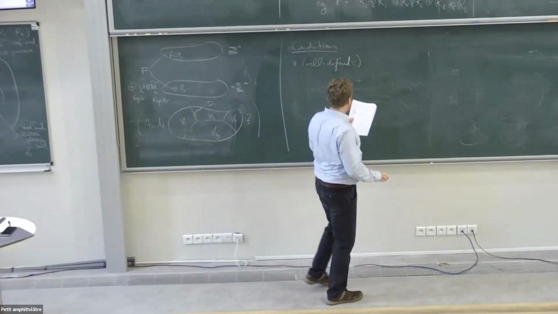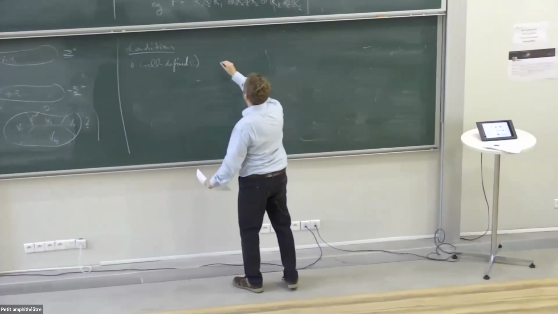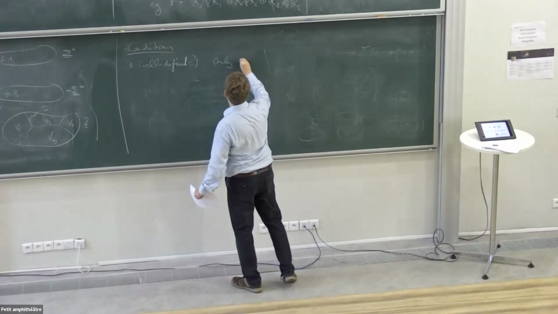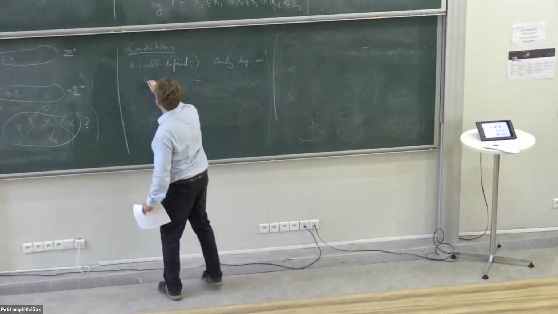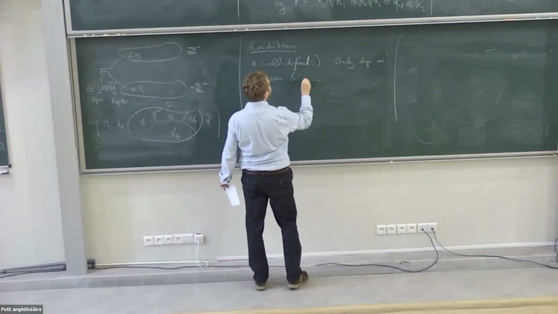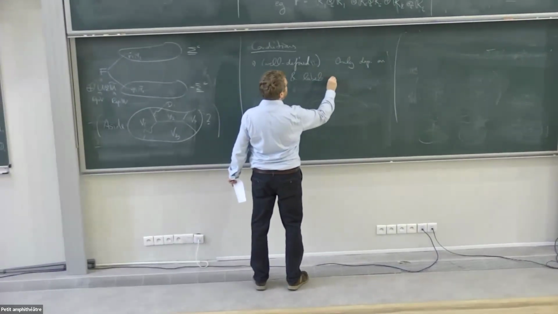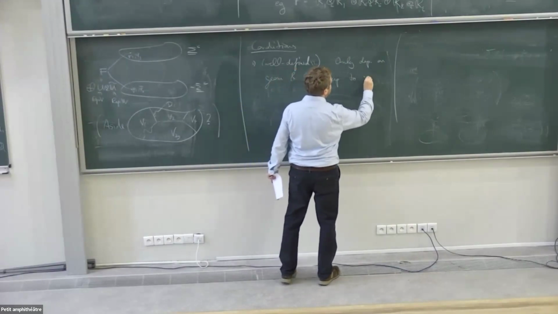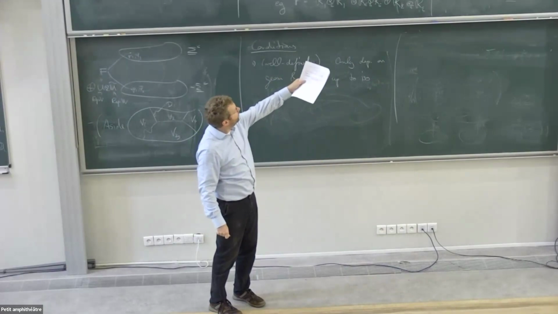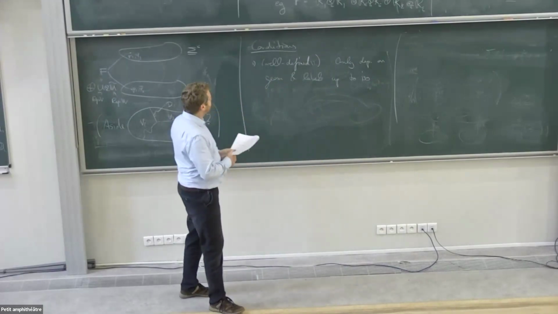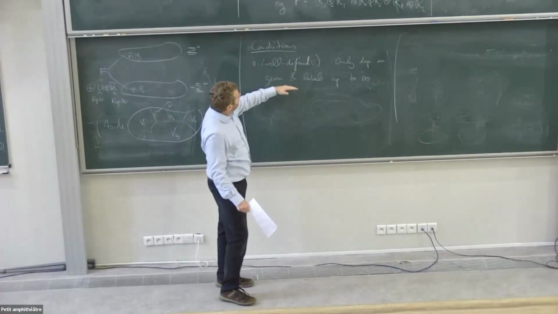What I mean by this is that it only depends on the geometry and labels up to iso, so up to conformal isomorphism, which is compatible with the local coordinates and insertion points and so on.